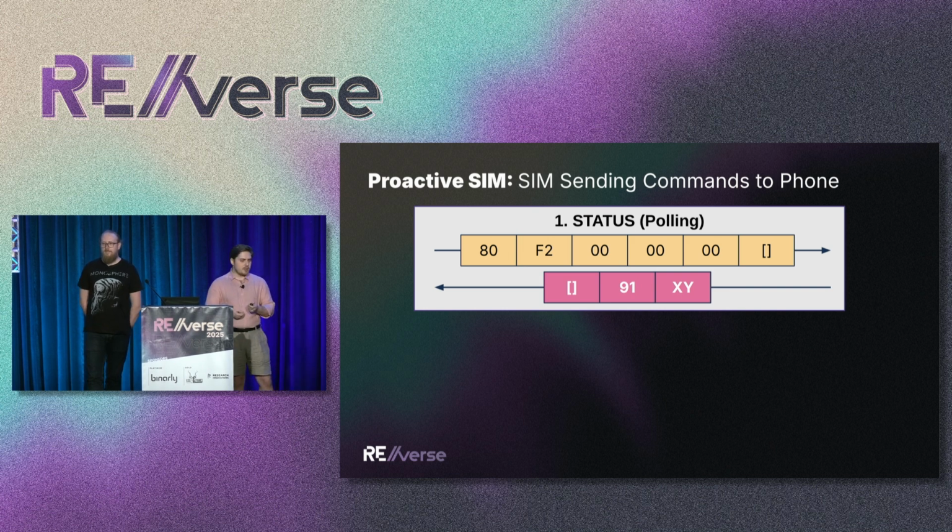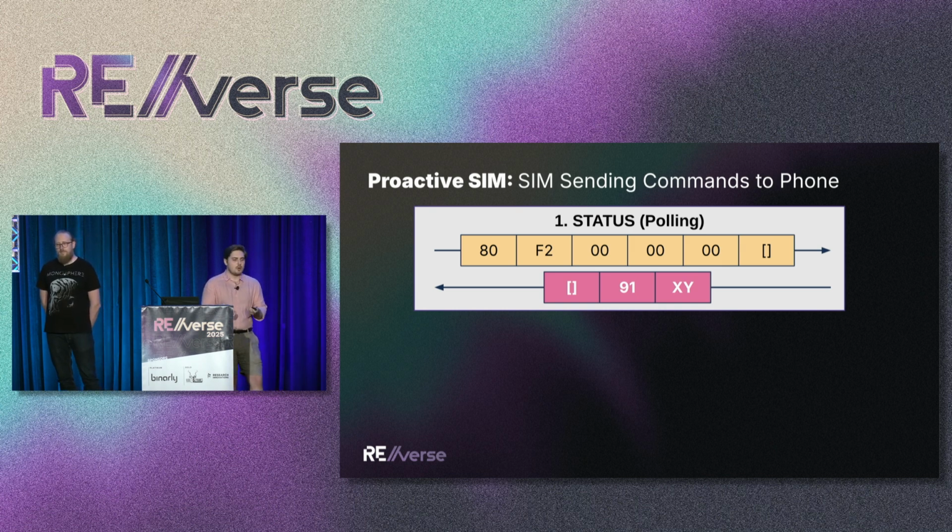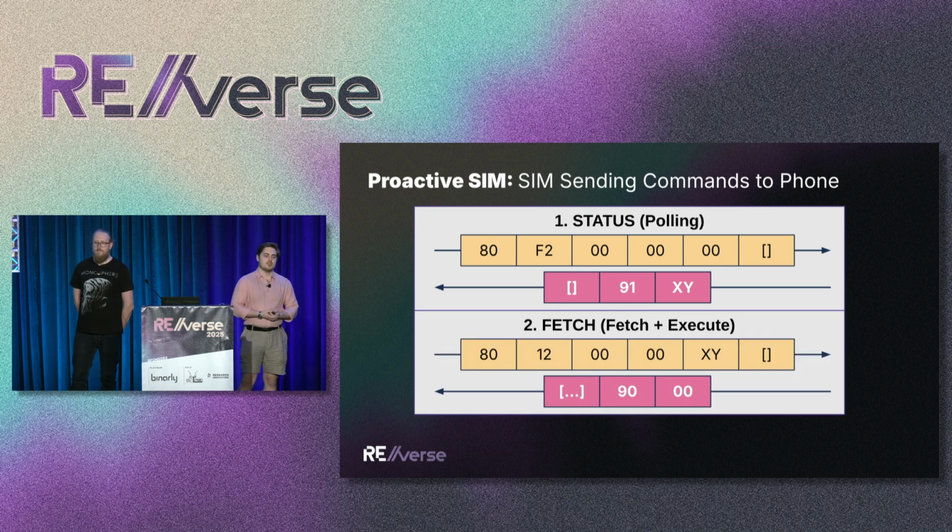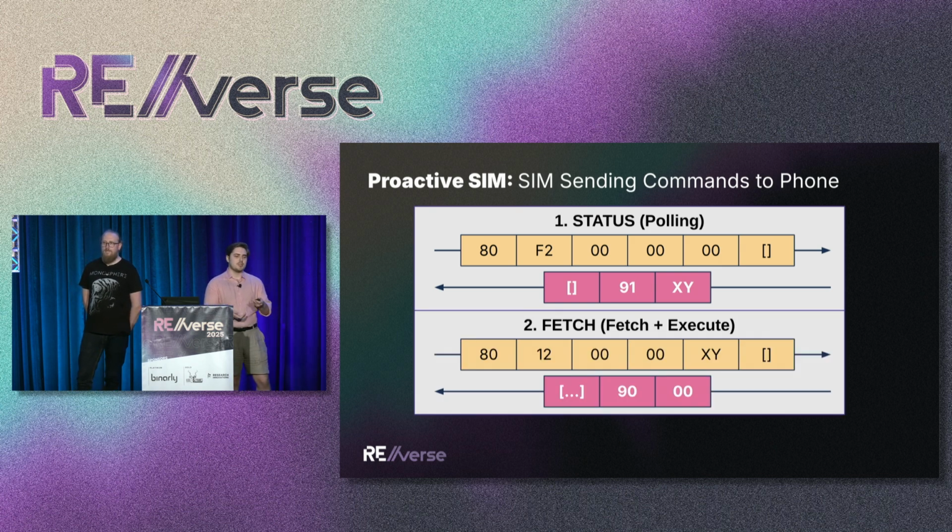And 91XY indicates that there is a proactive command generated by the SIM, and it allows the phone to then request this proactive command with a fetch. So it can send this APDU 80120000, and then it provides the XY from the previous response, XY indicating the length of the proactive command.